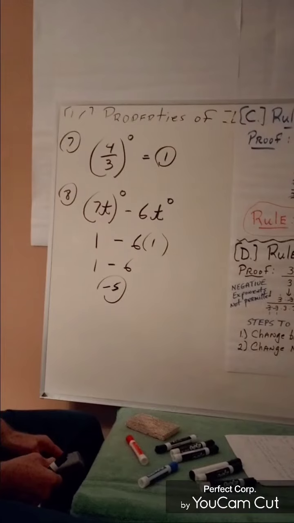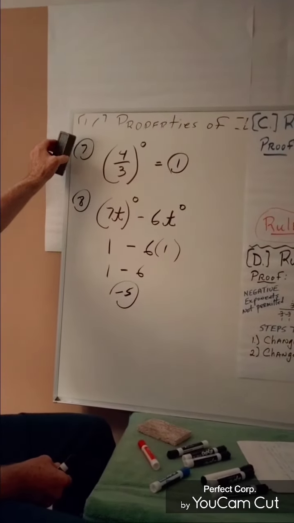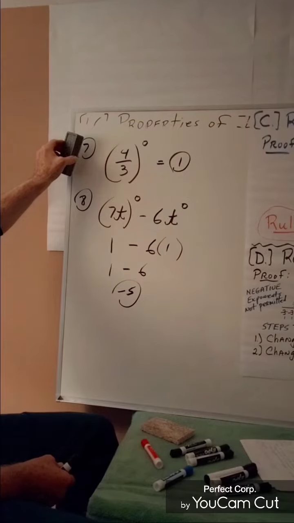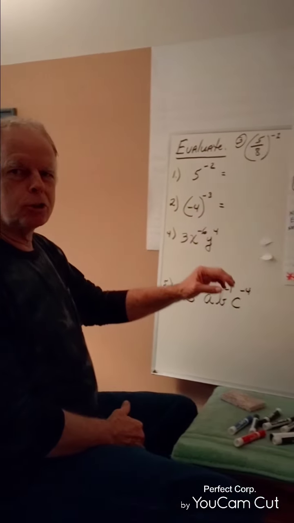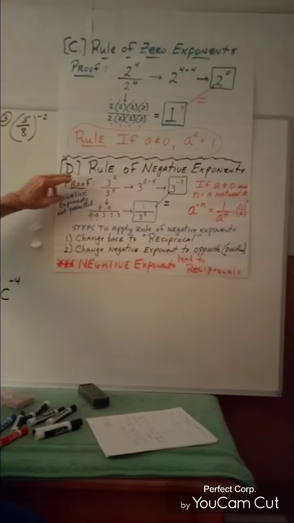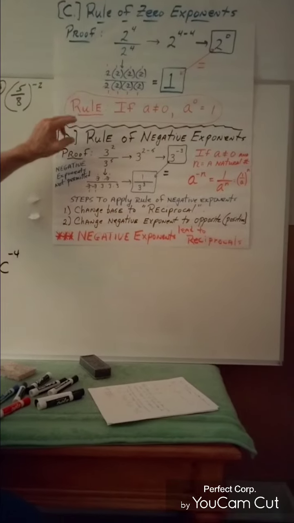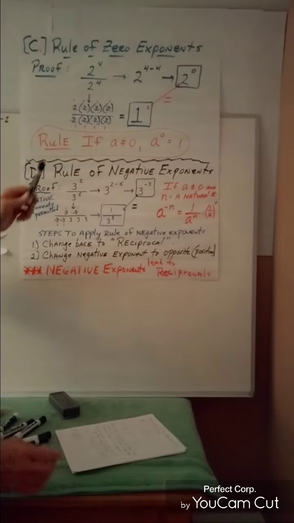So folks, that's a glimpse and some examples of the rule of 0 exponents. Let's go to D. All right, folks. We're going to move into letter D of the rules of exponents. But just one parting comment on Rule C, the rule of zero exponents. Just remember this.